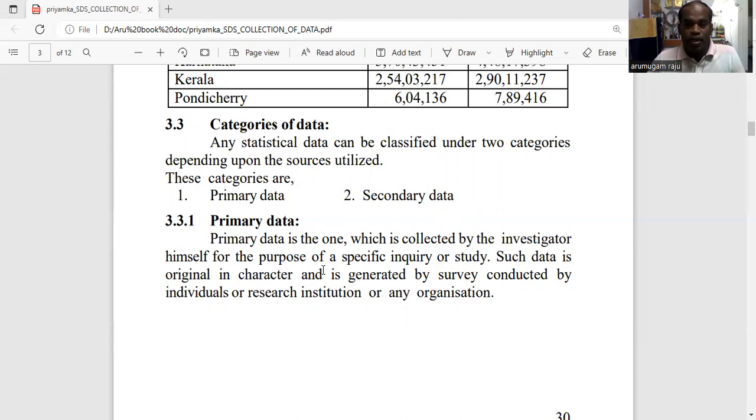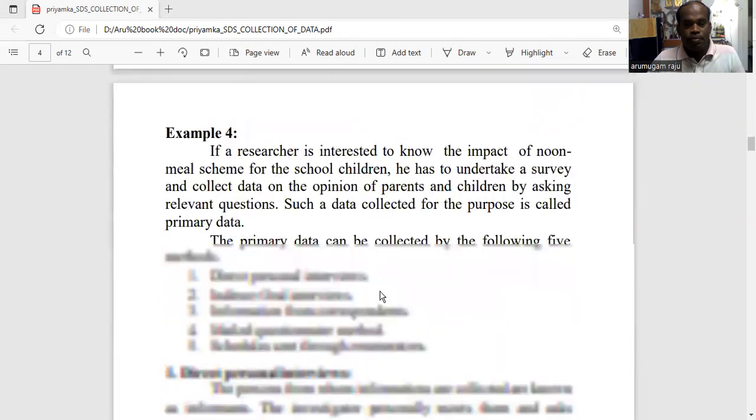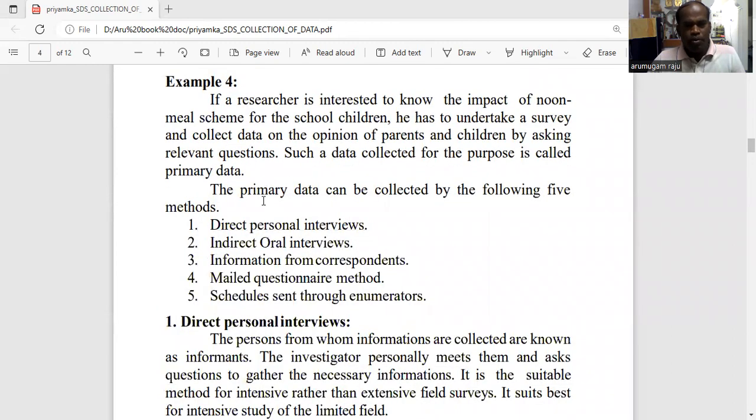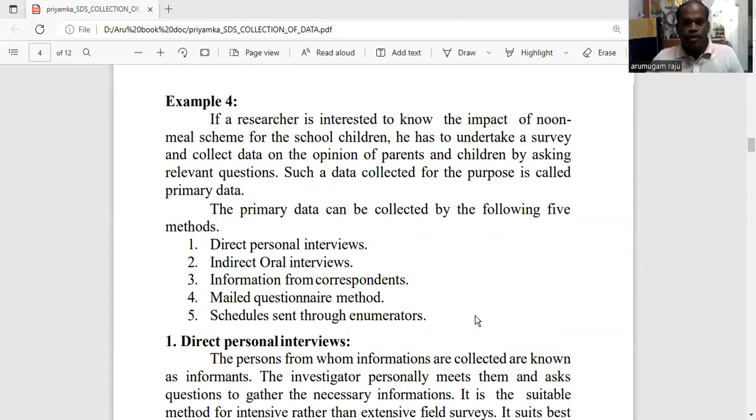Such data is original in character and is generated by surveys conducted by individuals, research institutions or any organization. In a similar way, we can define secondary data. Here we can give an example for the primary data. The secondary data means already collected data or old data.